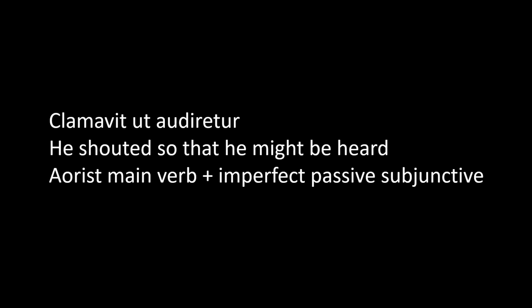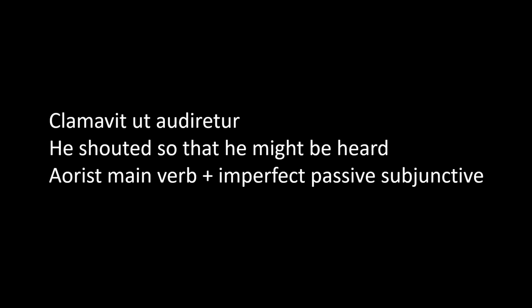You know that it means that because you have an aorist main verb plus an imperfect passive subjunctive. Again, he shouted at some indefinite time in the past. Maybe yesterday, maybe 20 years ago, maybe 2,000 years ago. He shouted, it's over and done with. And he shouted so that he might be heard.